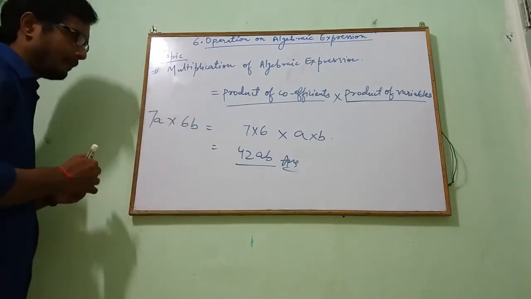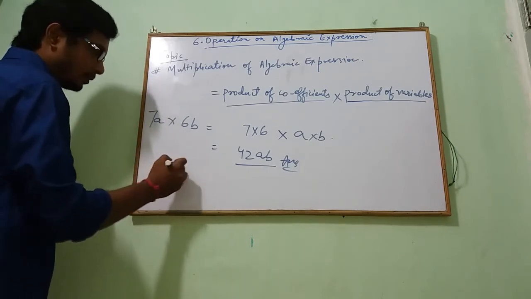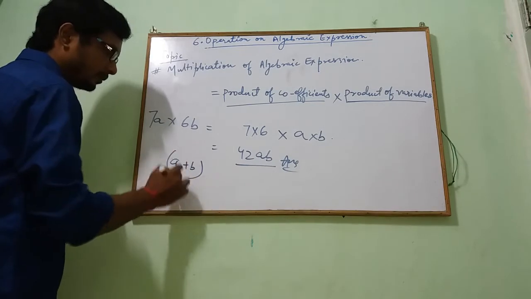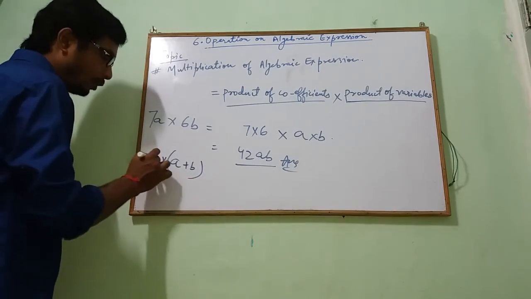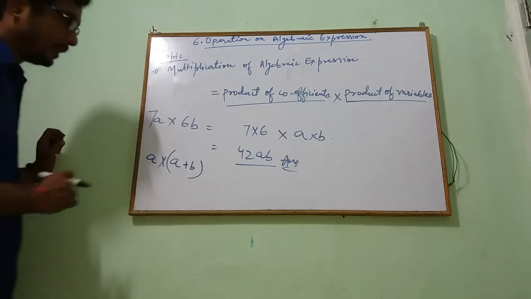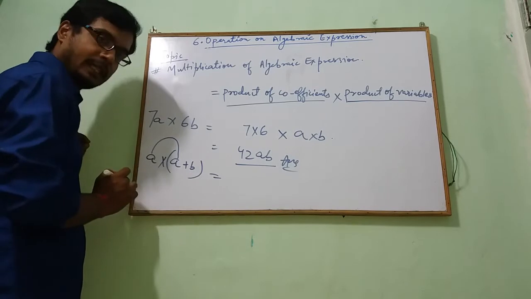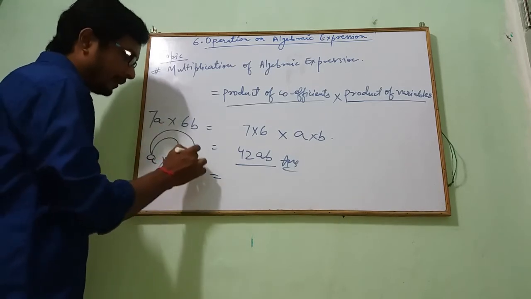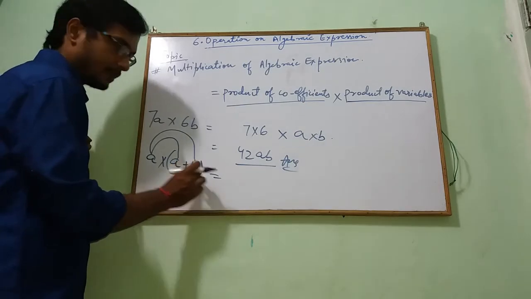Now for an example, if a binomial, for example a plus b, is multiplied with a monomial, let's say a, what will we do? We will separately multiply a with a, and then separately multiply a with b and put the plus sign.